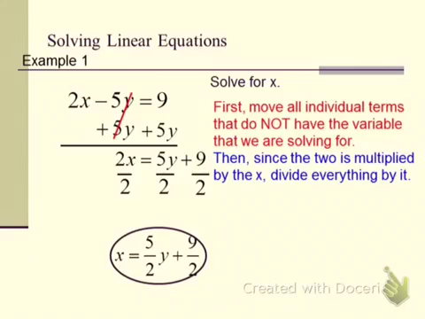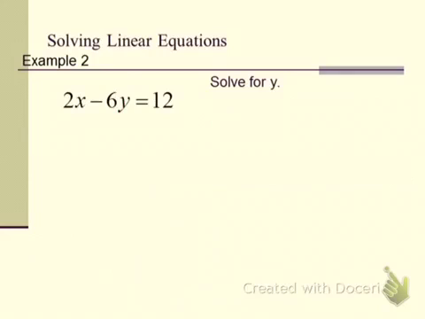So if I wanted to find the x-intercept, I would take my original equation and make y equal to 0, and then divide by 2, and you get x equals 9 over 2. That's the x-intercept of this equation, which we can use to graph. You could find the x-intercept and the y-intercept. That's 2 points, and that's all we need to graph the equation of the line. All right, but that's tomorrow.